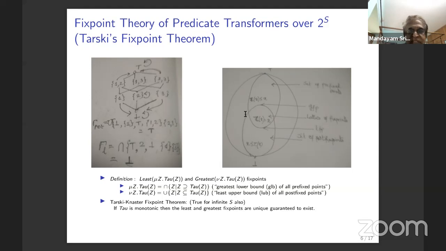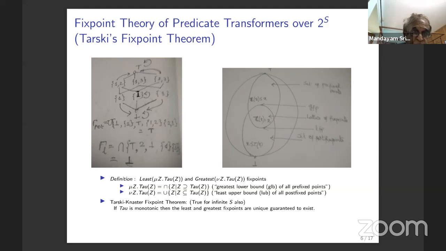The fixed points themselves, all the fixed points, appear here in the intersection, when tau is monotonic. You collect all the prefix points and find the greatest lower bound of those, and that forms the greatest fixed point. And here this forms the least fixed point. Top in this case is the greatest.